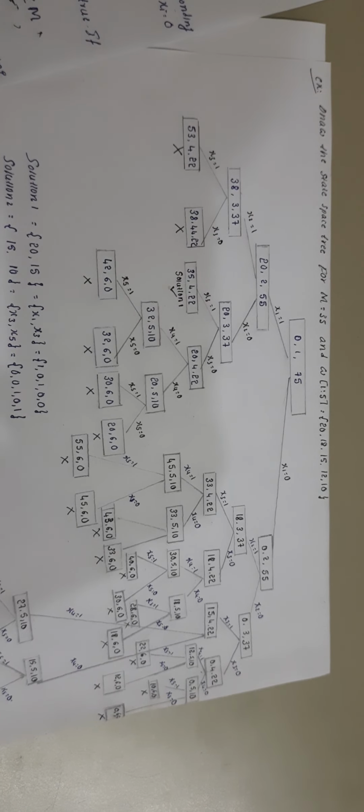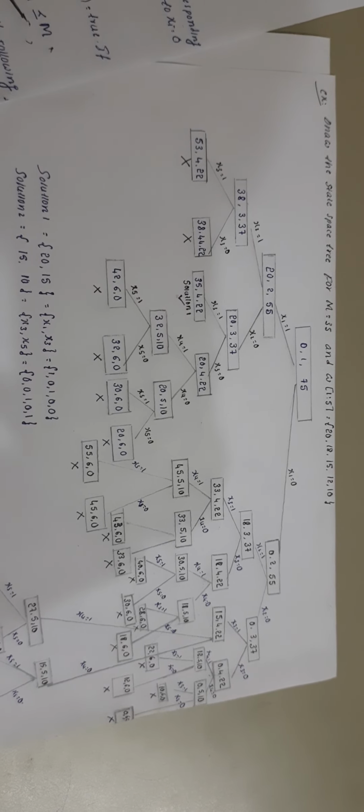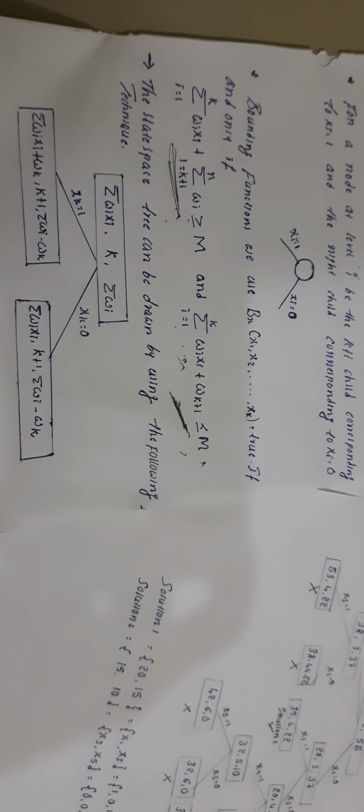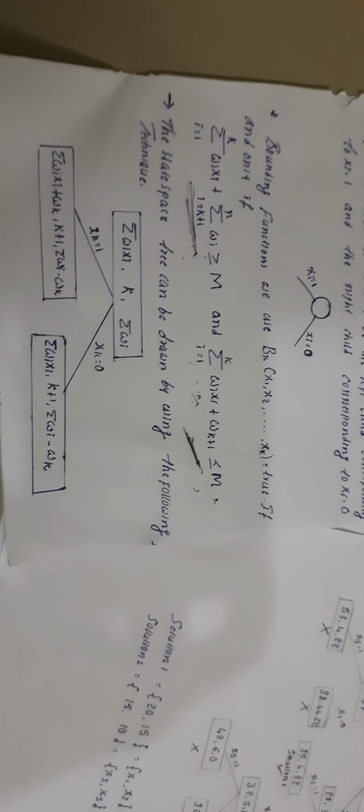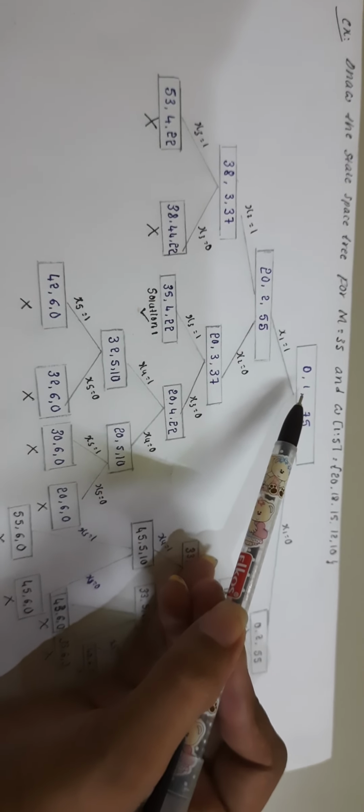Now coming to the example: draw the state space tree for m is equal to 35 and w of 1 to 5 is equal to 20, 18, 15, 12, 10. By using this technique, we have to draw the state space tree for the problem. Initially, we do not add any object into the solution vector, so the sum of the weights in the solution vector is 0.